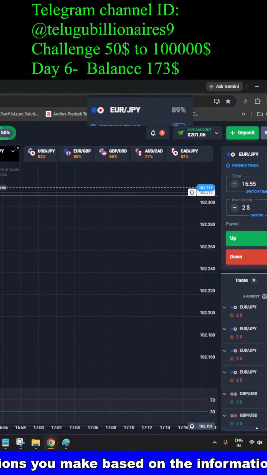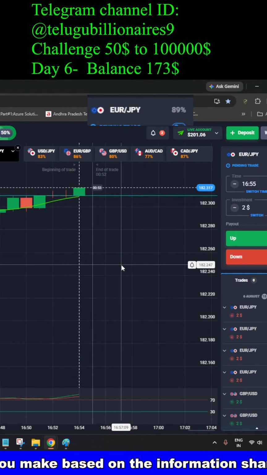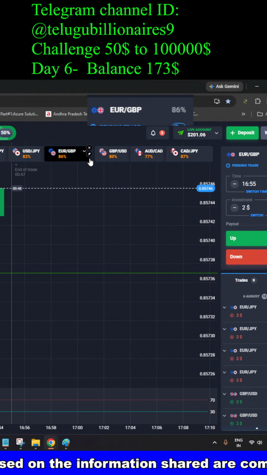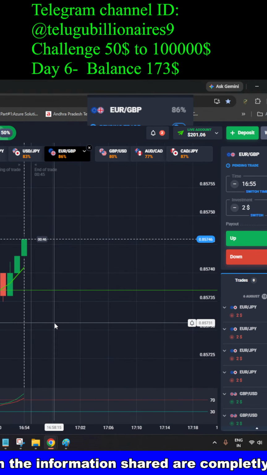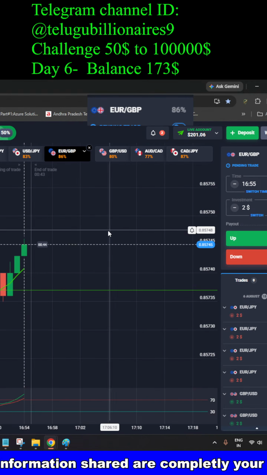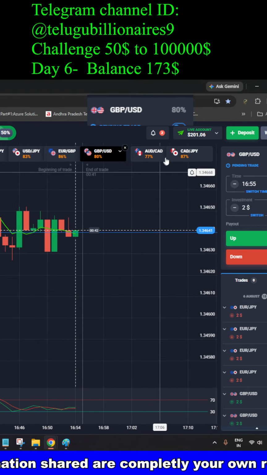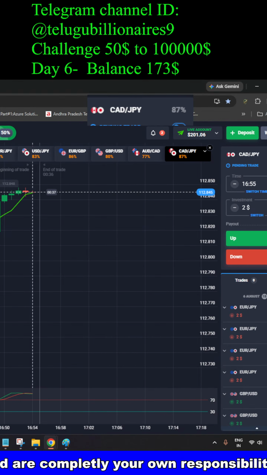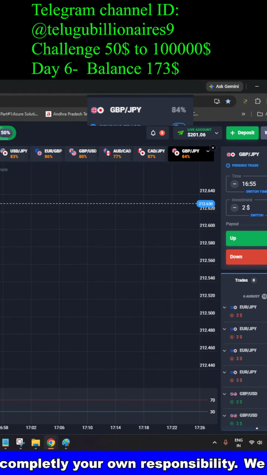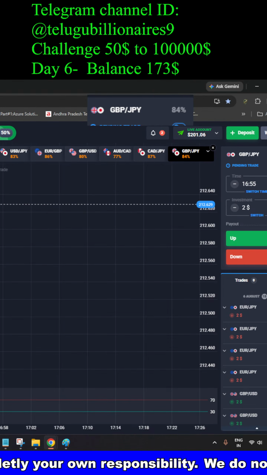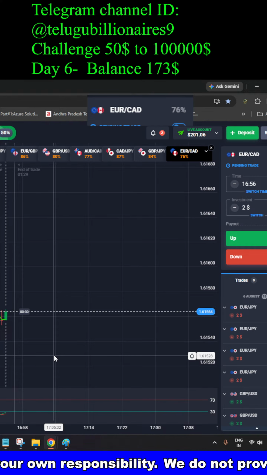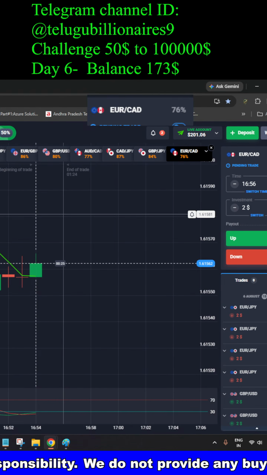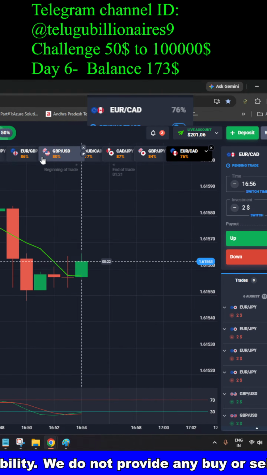Even the next candle also closed as a doji only. See here, this is only one candle, no setup.